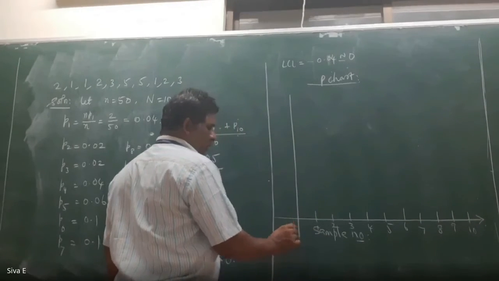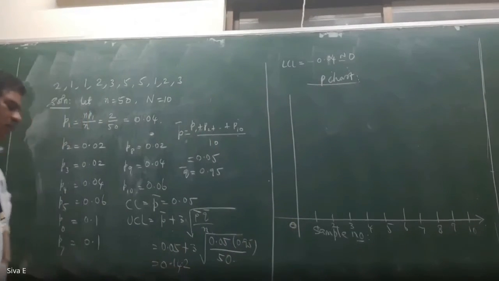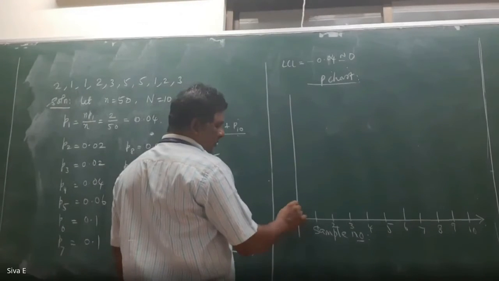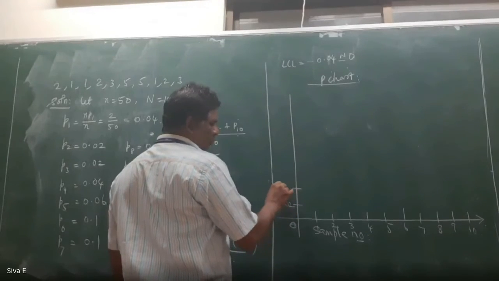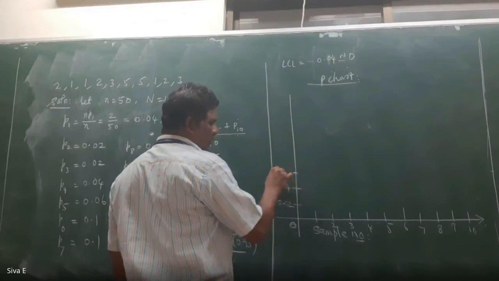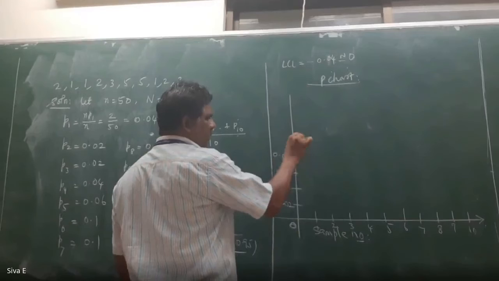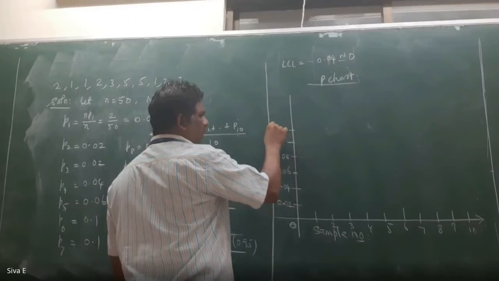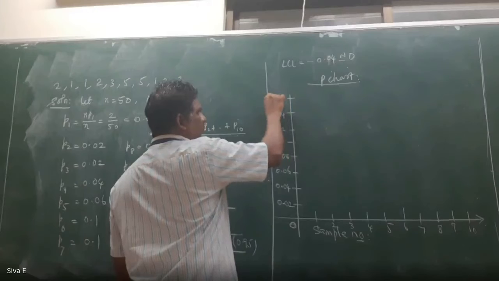And then 0 start. Here you can see that 0.142, so we can go up to 0.16. 0.16 means 0.02, 0.04, 0.06, 0.08, 0.1, 0.12, 0.14, 0.16.